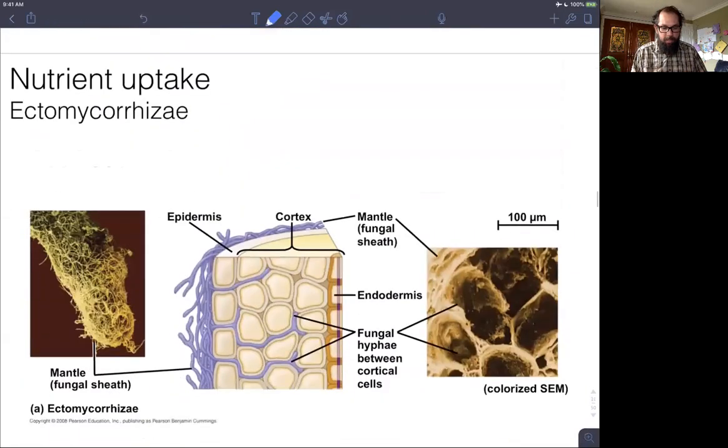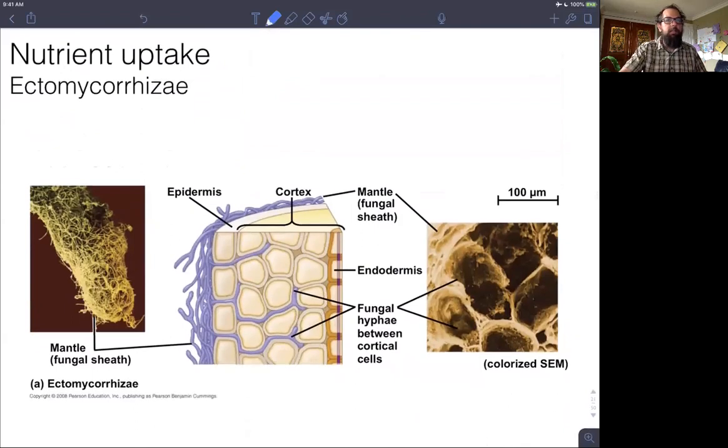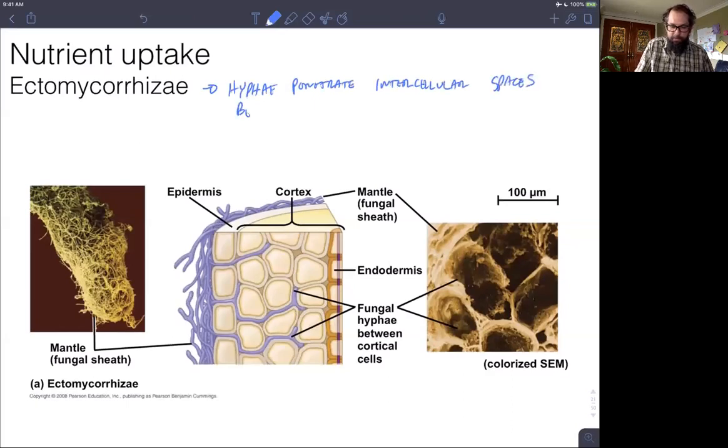And so ectomycorrhizal fungi are fungi where the hyphae penetrate the intercellular spaces between cells.